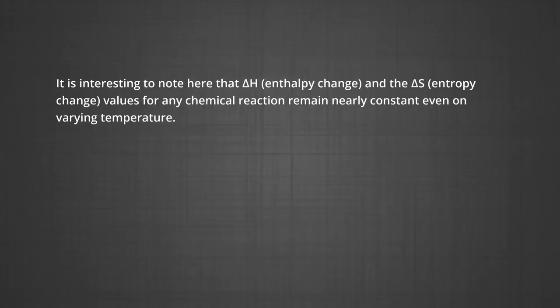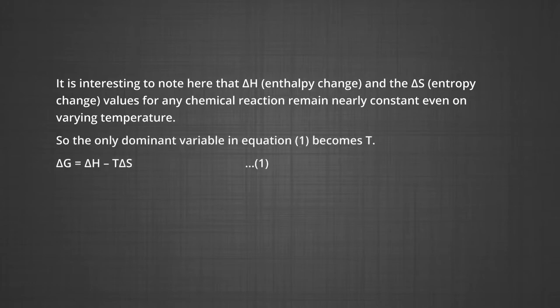However, it explains how the reactions are sluggish when every species is in solid state and smooth when the ore melts down. It is interesting to note here that delta H, the enthalpy change, and delta S, the entropy change, values for any chemical reaction remain nearly constant even on varying temperature. So, the only dominant variable in equation 1 becomes temperature.